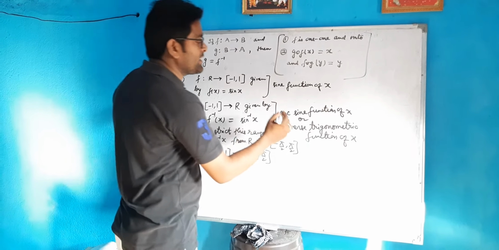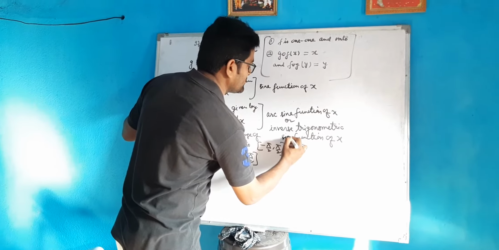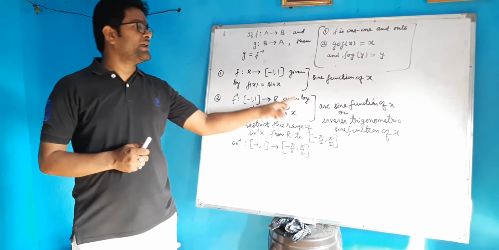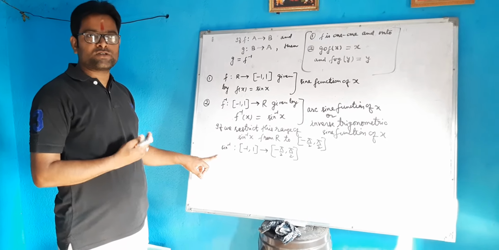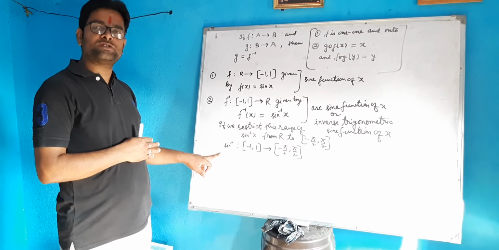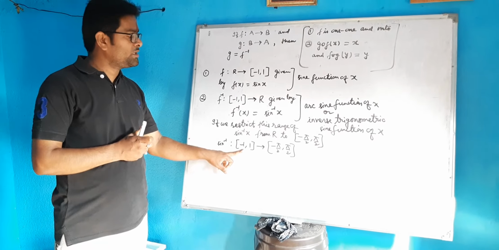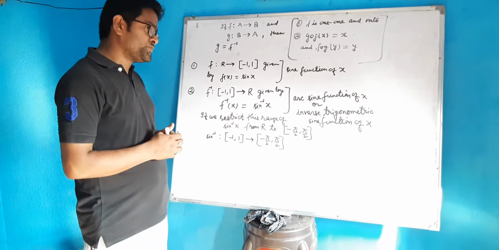You can say inverse trigonometric sine function of x, or arc sine function of x, whose domain is the closed interval minus 1 to 1, and whose range is the closed interval minus pi by 2 to pi by 2.